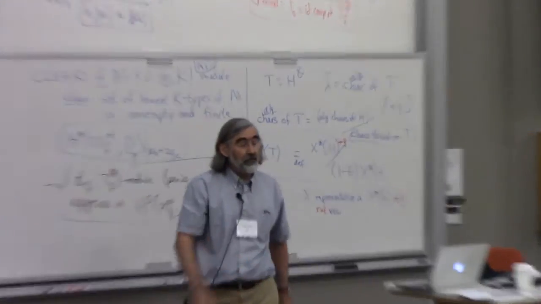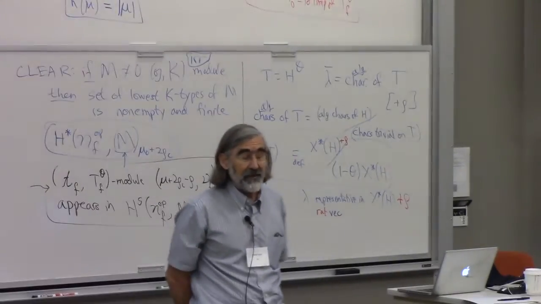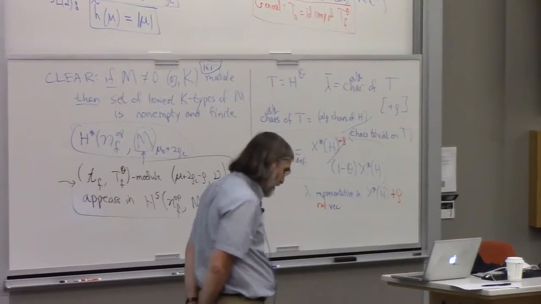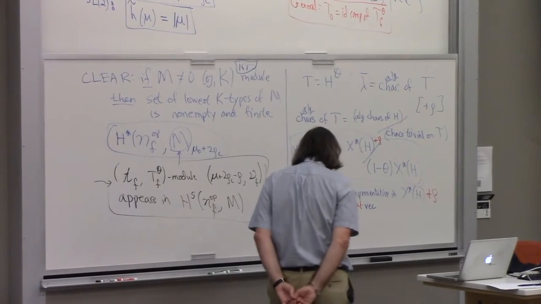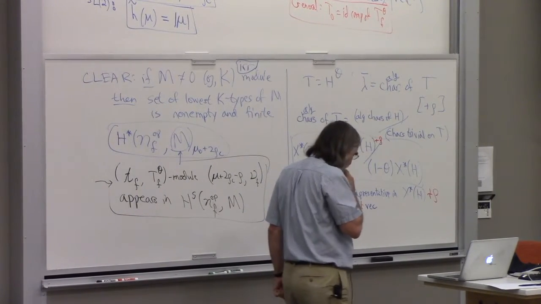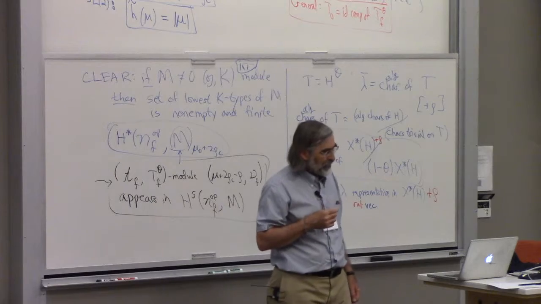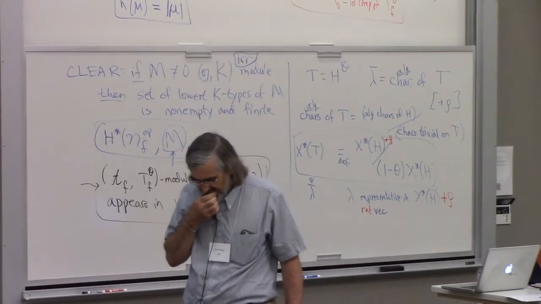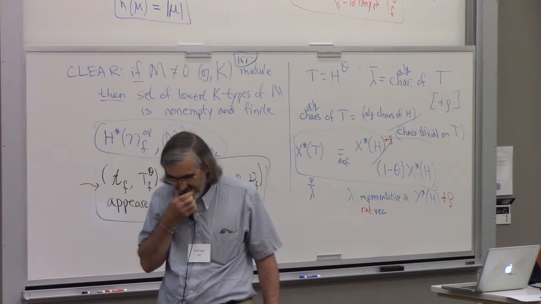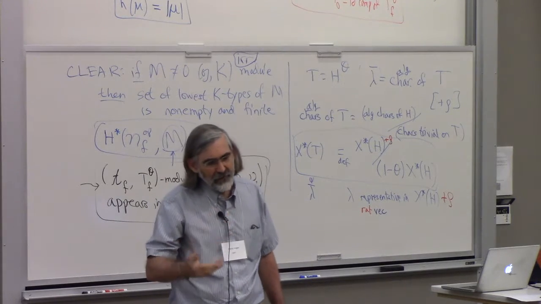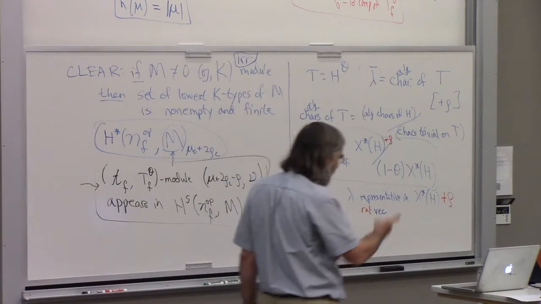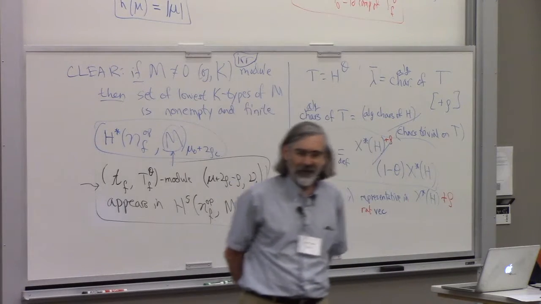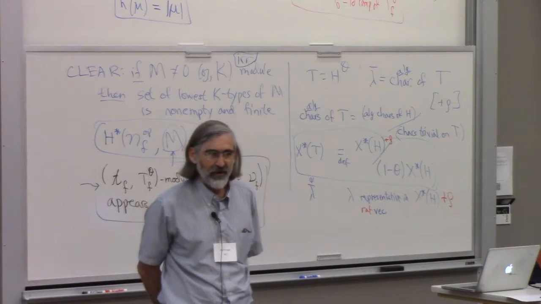What I'm going to do for the next 10 or 15 minutes is say a little bit about, well, I was about to say I'll give some more details about how the Langlands classification works.